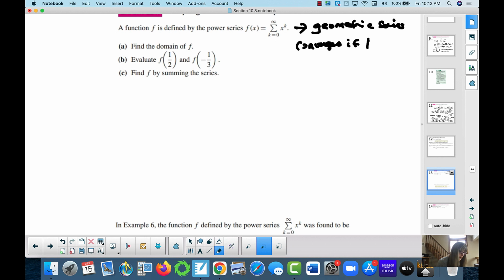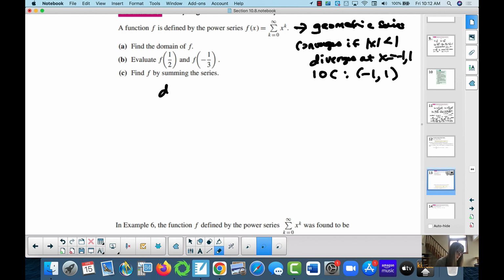So if the absolute value of x is less than 1, this converges. It diverges at x equals 1 or negative 1. And so our interval of convergence is negative 1 to 1, because that's a geometric series. So that also then is the domain of f.